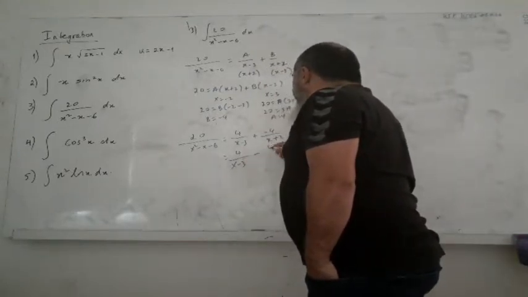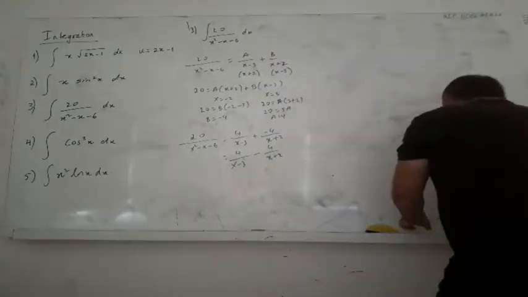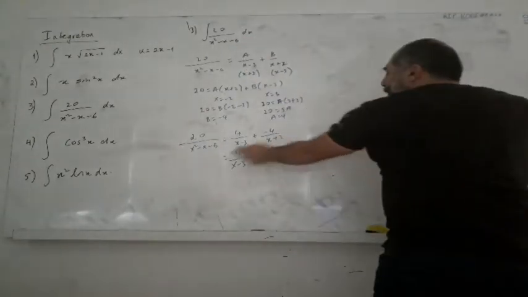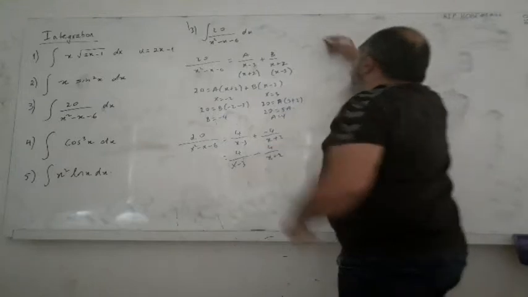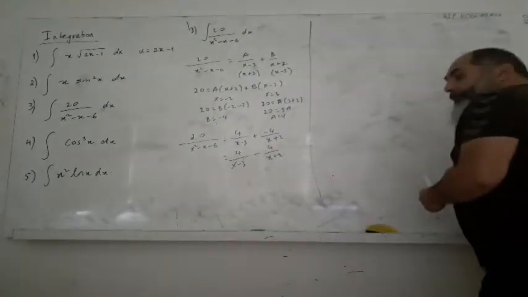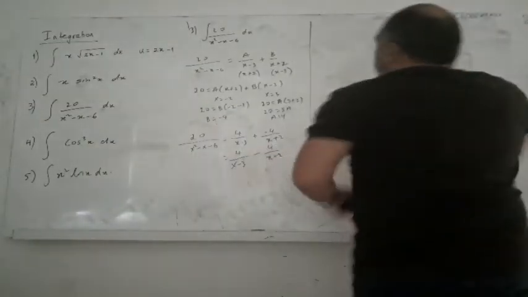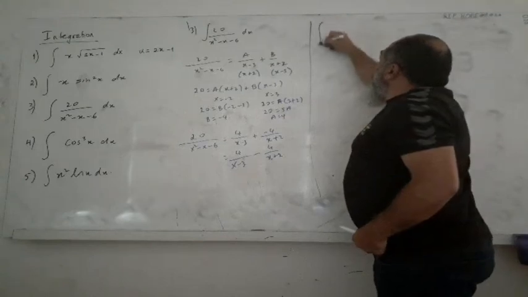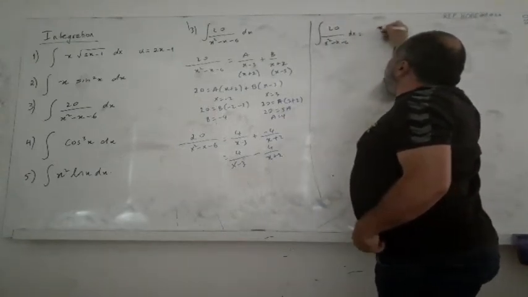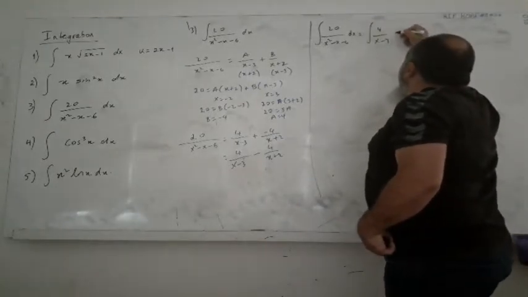Now in place of 20 over x squared minus x minus 6, I am going to write that expression and do the integration. The integral of 20 over x squared minus x minus 6 dx is equal to the integral of 4 over x minus 3 minus 4 over x plus 2 dx.